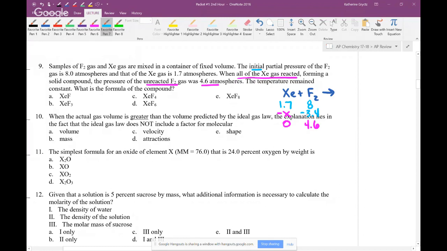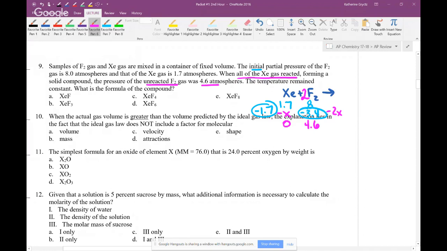If you lost 3.4 at the same time that Xe lost 1.7, you should see a relationship. 3.4 is twice 1.7. So that has to be minus 2x, which would tell you that this guy is a 2.